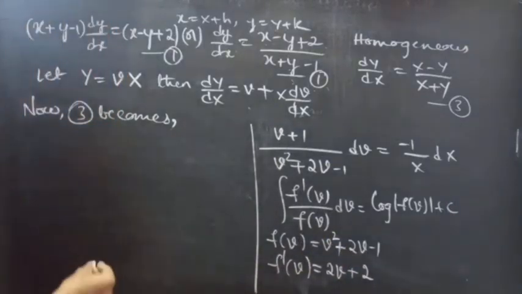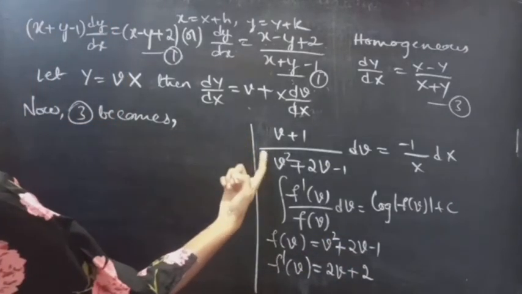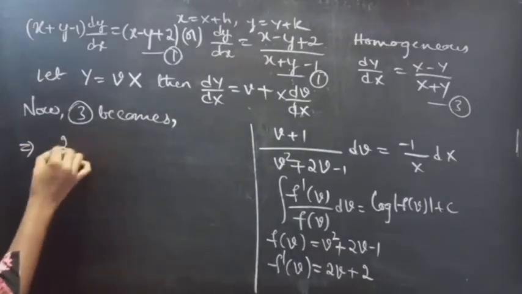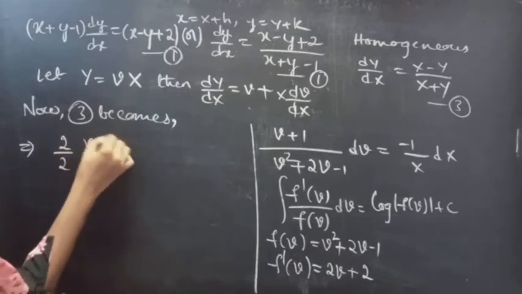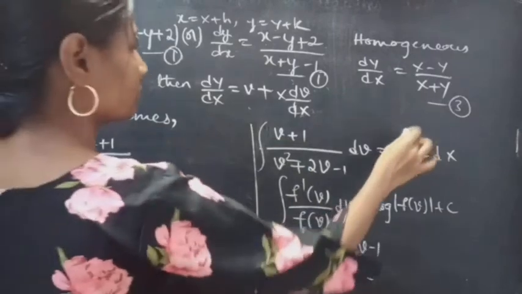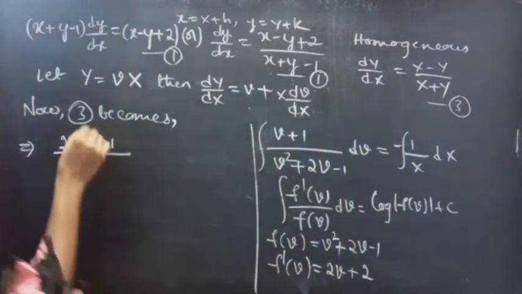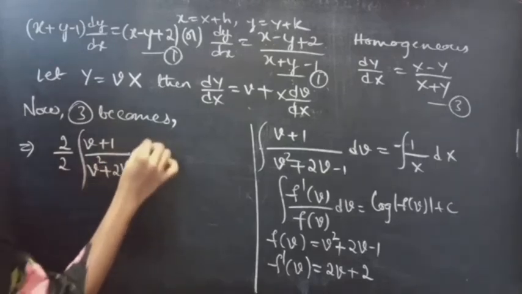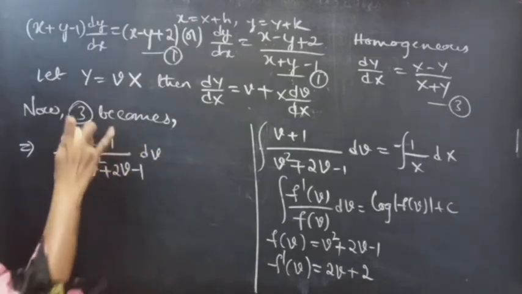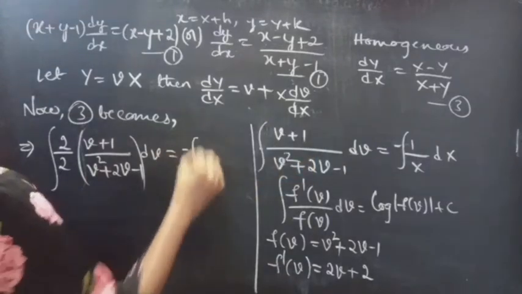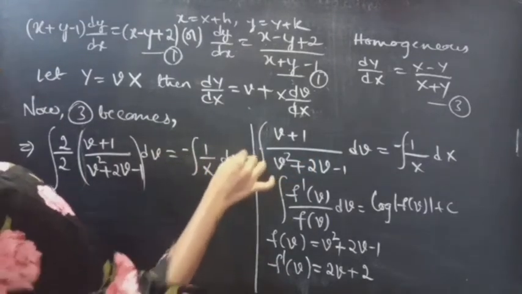So what we'll do is we'll simply multiply and divide by 2 to this. Then you'll get 2 by 2 into v plus 1 by v square plus 2v minus 1 into dv, or you can multiply and divide by 2 inside the integrand, equals minus integral 1 by x into dx.